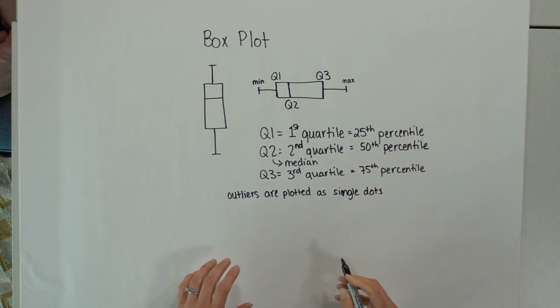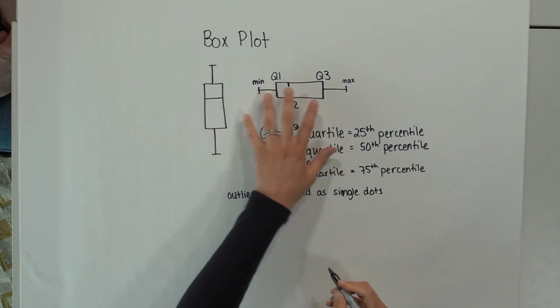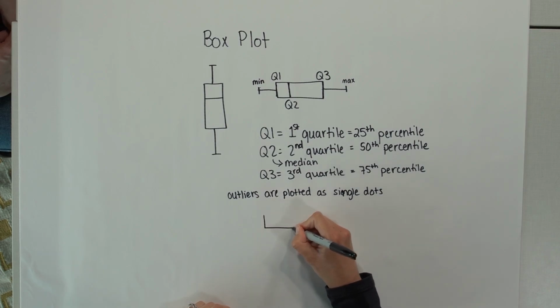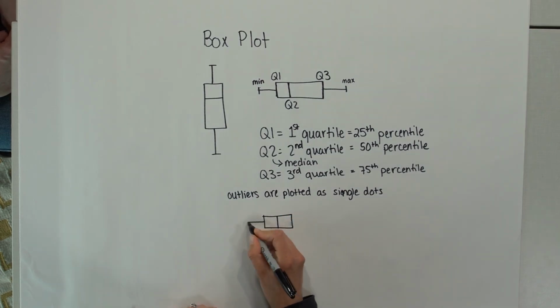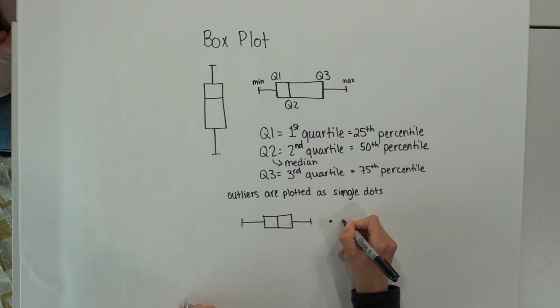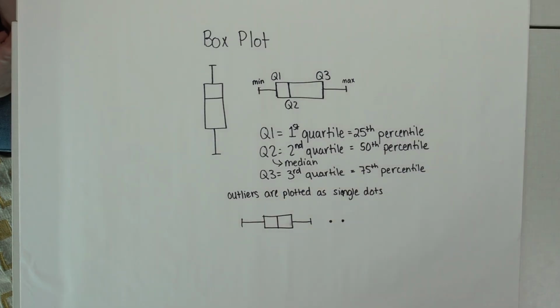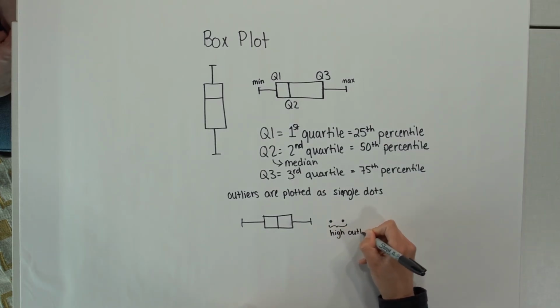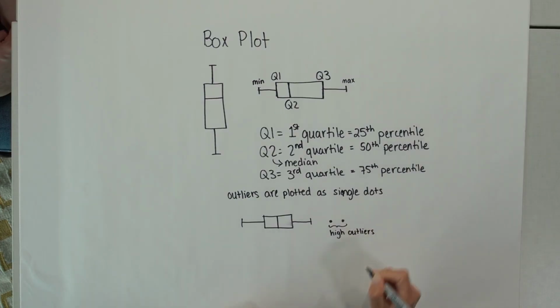So I'm going to go ahead and draw another box plot that has outliers. So up here we have a box plot with no outliers. But let's just say I had a box plot that looked like this. And then we had two outliers, two dots right there. So both of these would be considered high outliers. And we're going to look at exactly how we can calculate those mathematically.